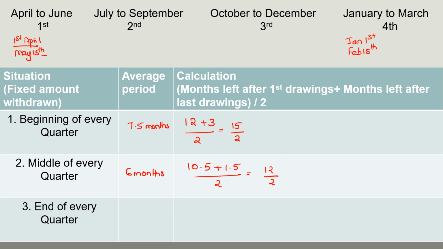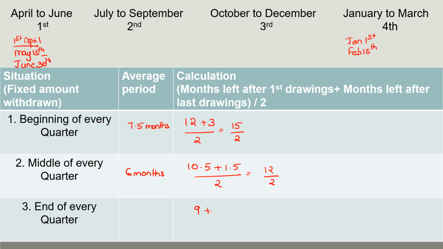Now moving on, the last situation where the partner withdraws at the end of each quarter. The first quarter withdrawal would be made at the end of June. So the withdrawal would be made on June 30th. So this quarter is gone. From June 30th till 31st March, the number of months left is 3 plus 3 plus 3, 9 months are left.